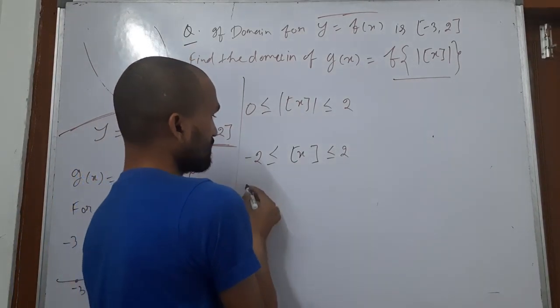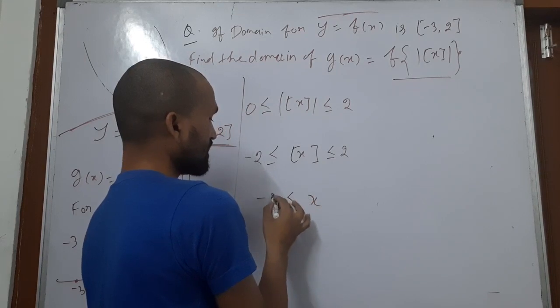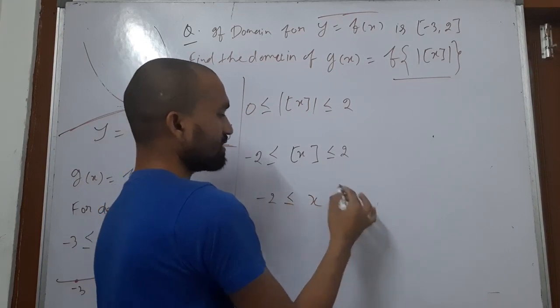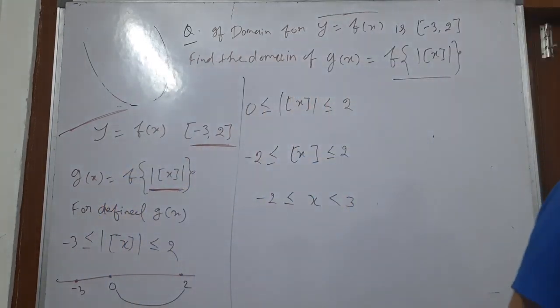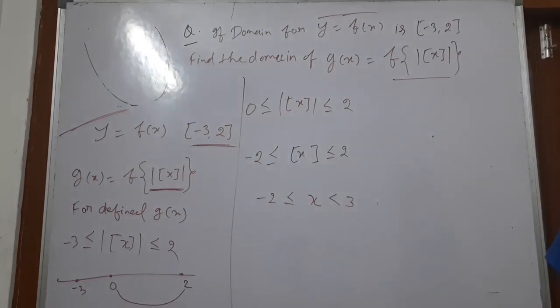If we remove the greatest integer here, then x will be from minus 2 and less than 3, because for all values before 3 our greatest integer will be 2.